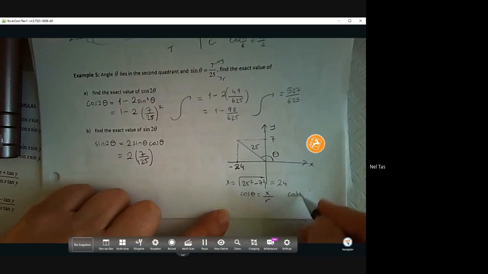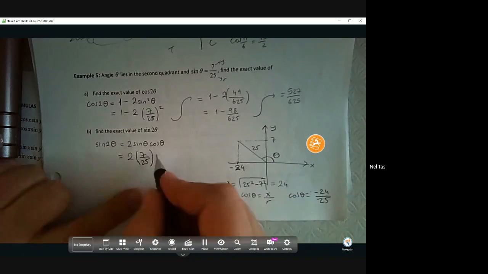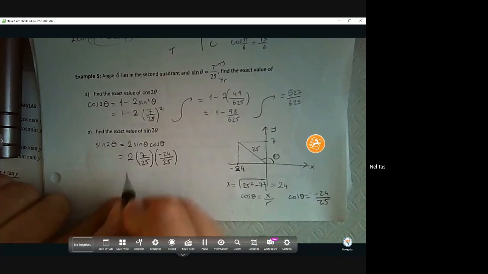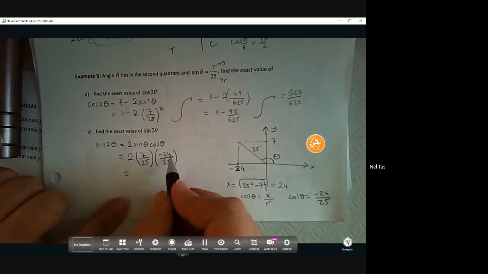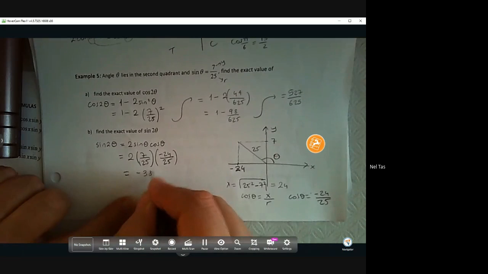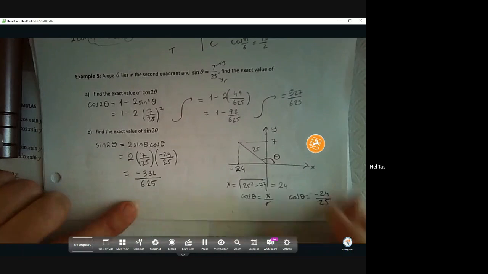Then cos theta is negative 24 over 25, x over r. If you multiply these three numbers, 2 times 7 times negative 24, you get negative 336. And 25 times 25 is 625.